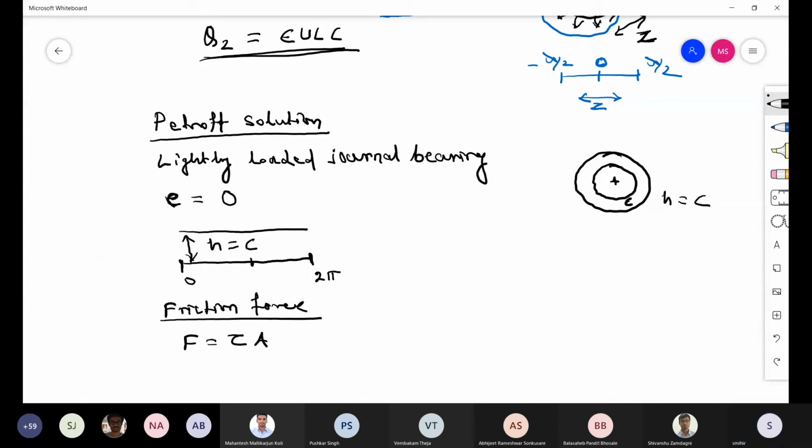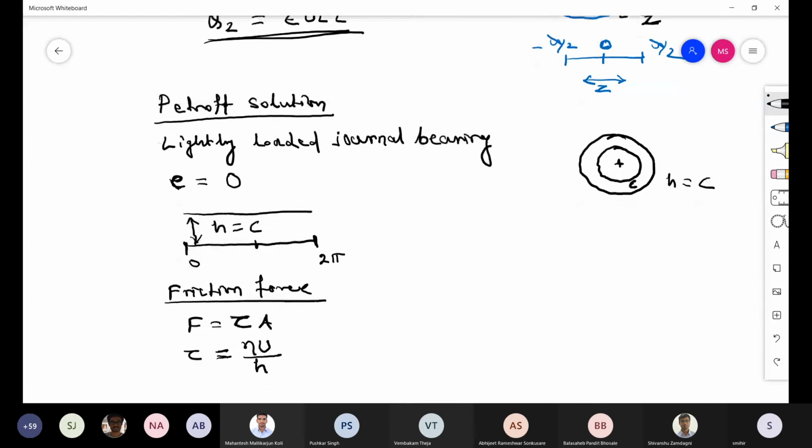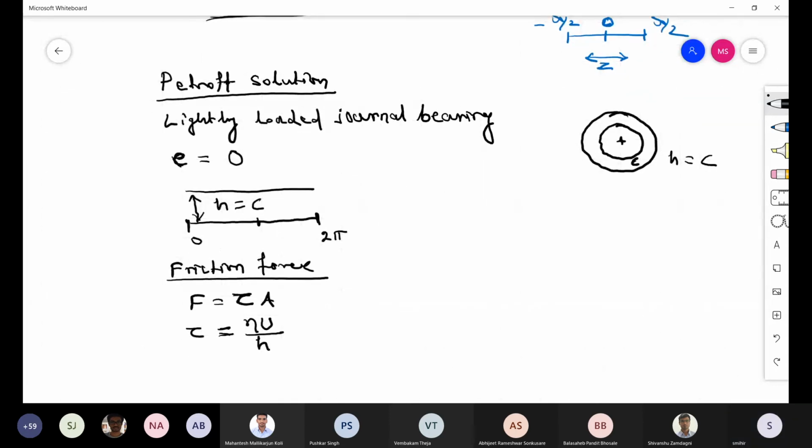So shear stress into area. Now tau for this case equals eta u by h. Then F will become eta u A by h.